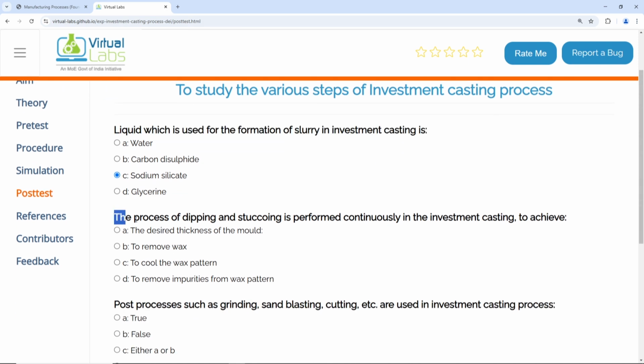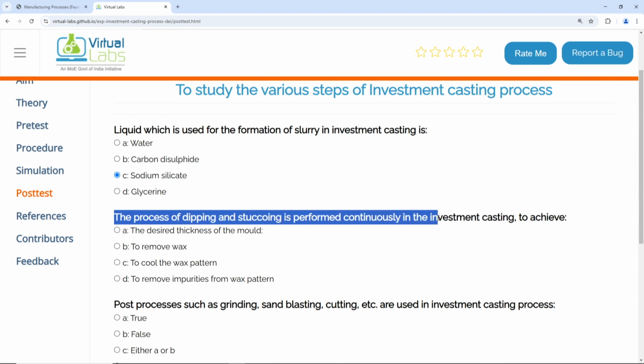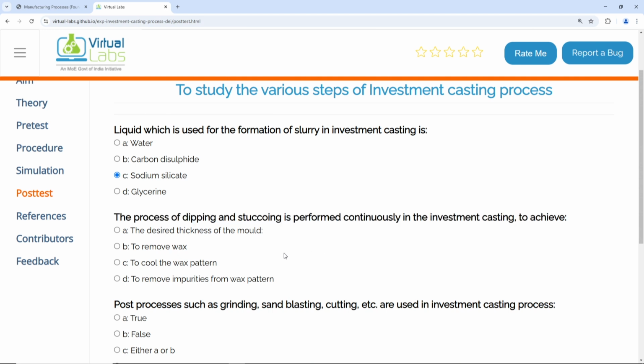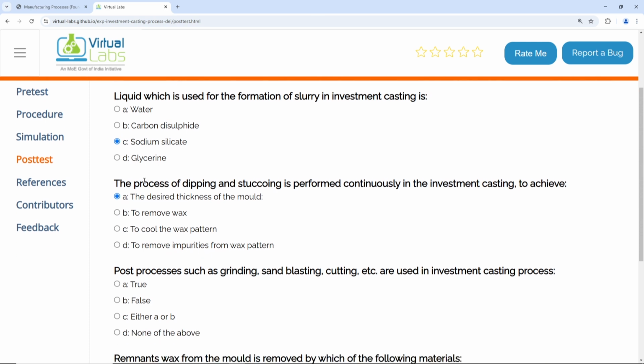The purpose of dipping and stuccoing performed continuously in investment casting is to achieve the required strength. Strength would come through the thickness. So the answer is the desired thickness of the mold is to be achieved. To remove wax, to cool wax pattern, to remove impurity, no, these are not the answers. To get the desired thickness is the right answer.